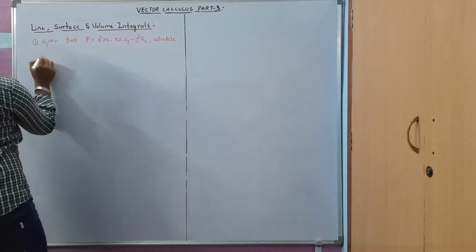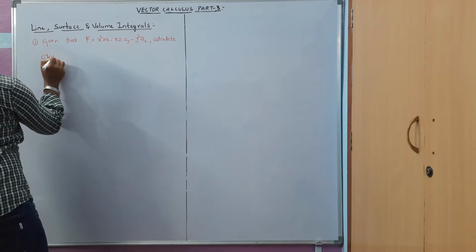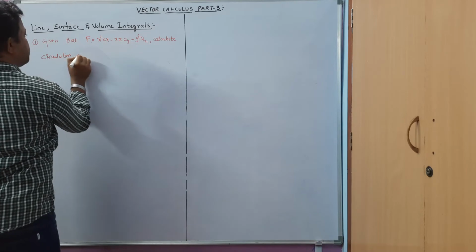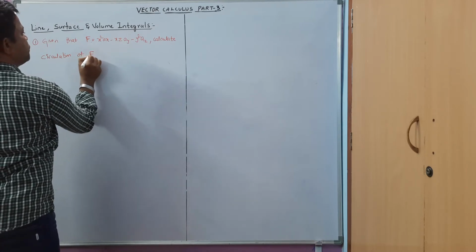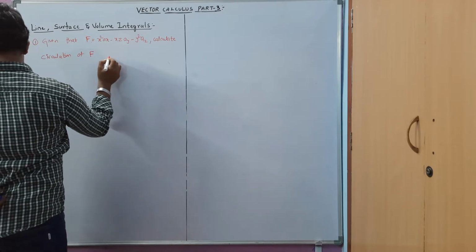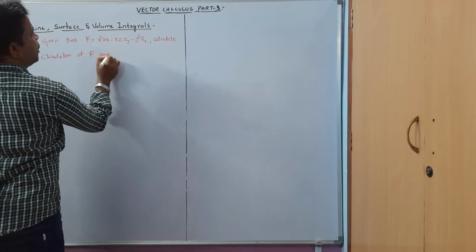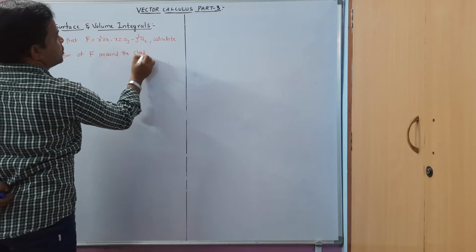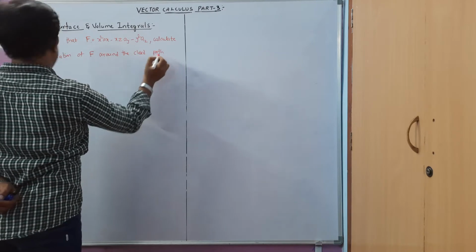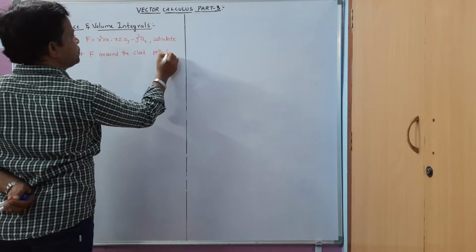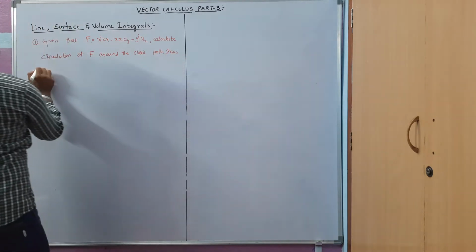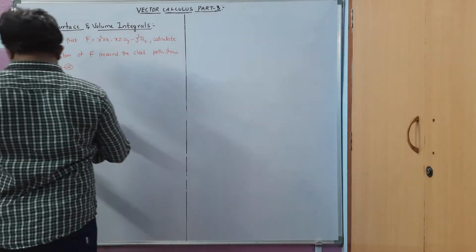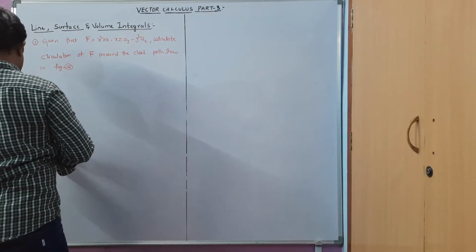the circulation of F around the closed path shown in figure A below. So the diagram has been given. Let us draw the diagram first here.